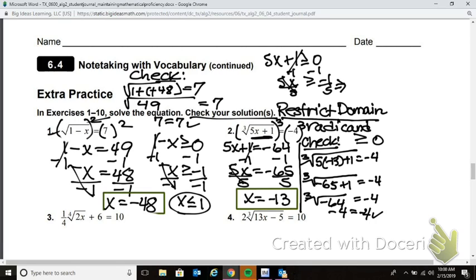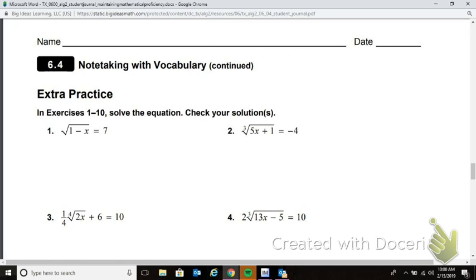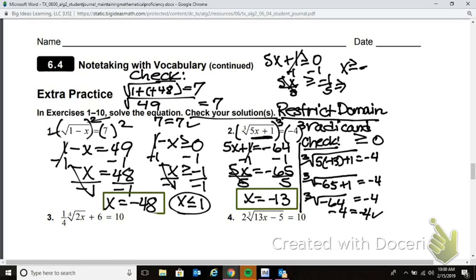So x has to be greater than or equal to negative 1/5. I wrote too close to the arrow. Hang on. X has to be greater than or equal to negative 1/5. This is restricting your domain here. Any questions?